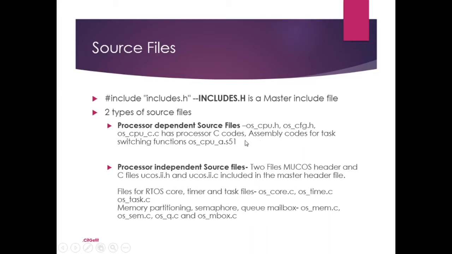This might be for serial communications using that processor, etc. And there might also be some assembly code for task switching functions, which will be denoted by os_cpu_a.s51, and s51 denotes that it is for the 8051 microcontroller.